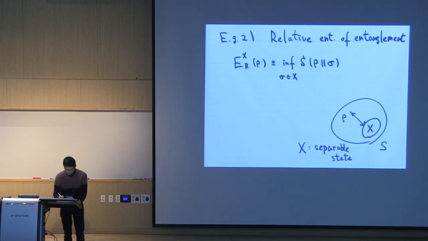But there is at least one nice work. In quantum field theory, maybe I don't have time to explain their work, so I just quickly mention what they did. This relative entropy is studied by Hollands and Sanders.